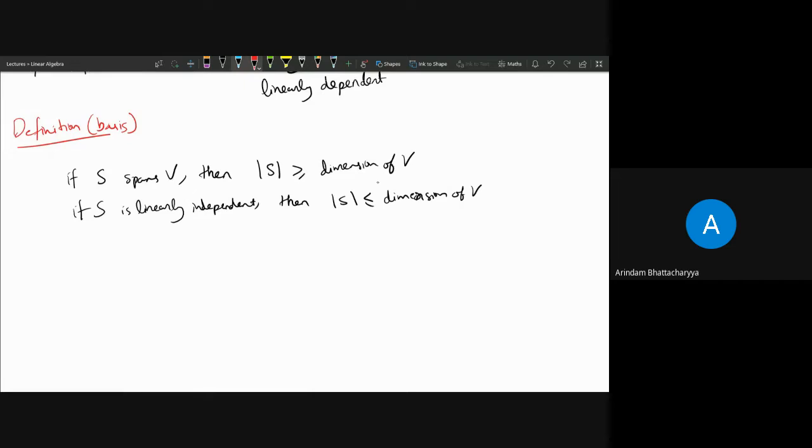So here we formalize the definition. A set S of V is called a basis if S spans V and S is linearly independent.